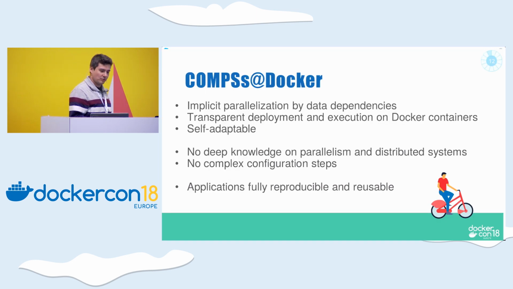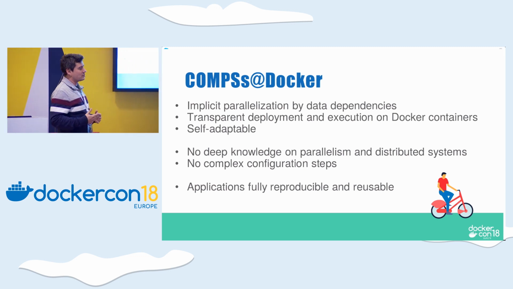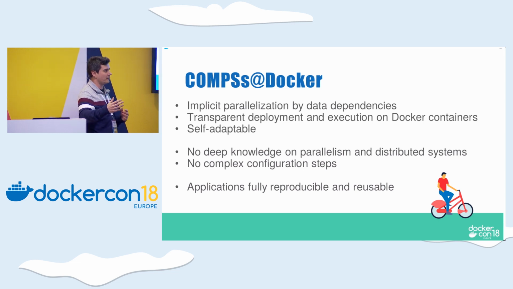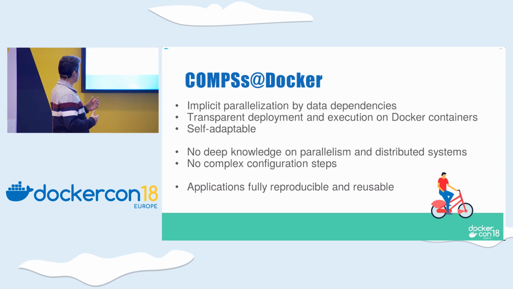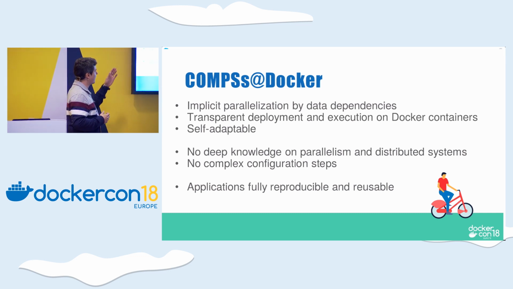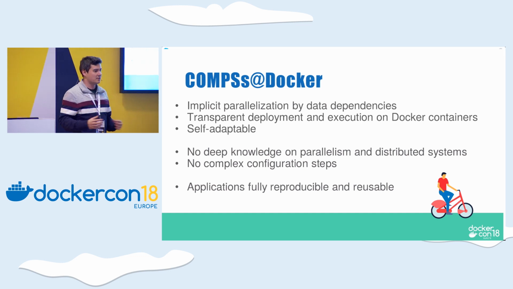Just to recap, with the integration of COMPSs with Docker, from a sequential code we can detect the implicit parallelism by detecting the data dependencies. Then, transparently, with this runcompss-docker script we can create the images and deploy the containers in a Docker infrastructure.